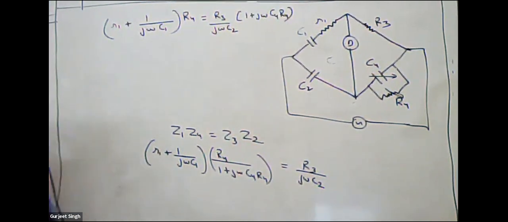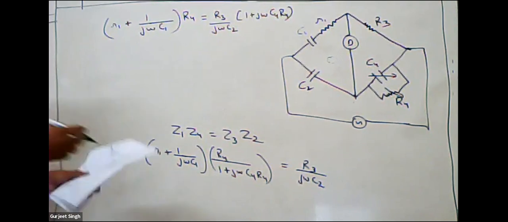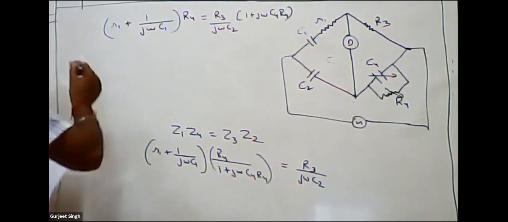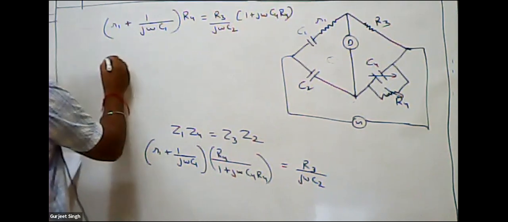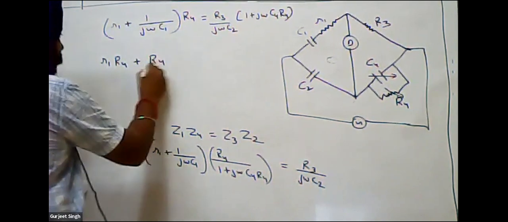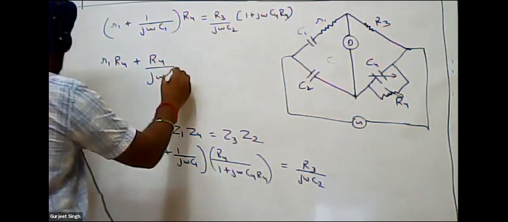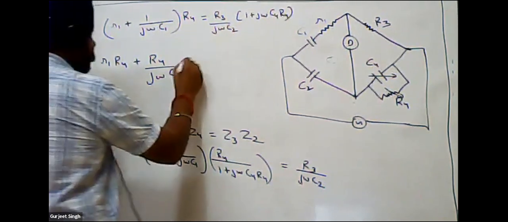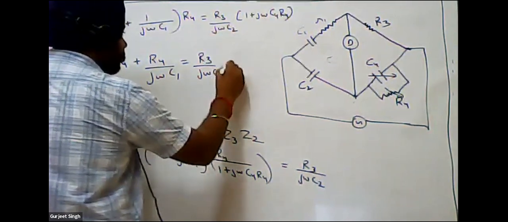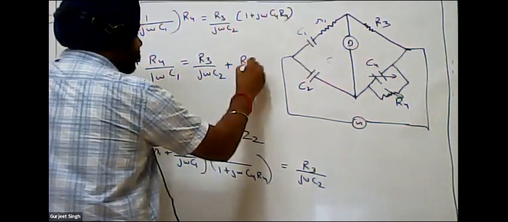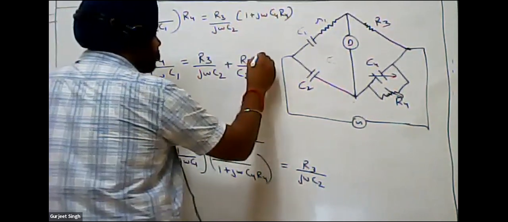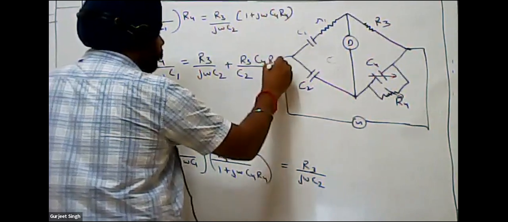Now we do the multiplication. Then we have R1 R4 plus R4 upon j omega C1 is equal to R3 upon j omega C2 plus R3 C4 R4 divided by C2.